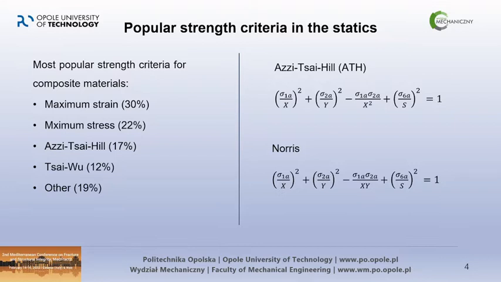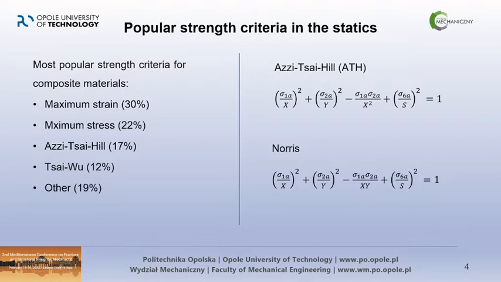Actually, they weren't specifically working together on this criterion, but they managed to use one another's work to figure out a really useful criterion. Then we also have the Tsai-Hill criterion and many others, but the presented ones were the most important for us just to begin with.